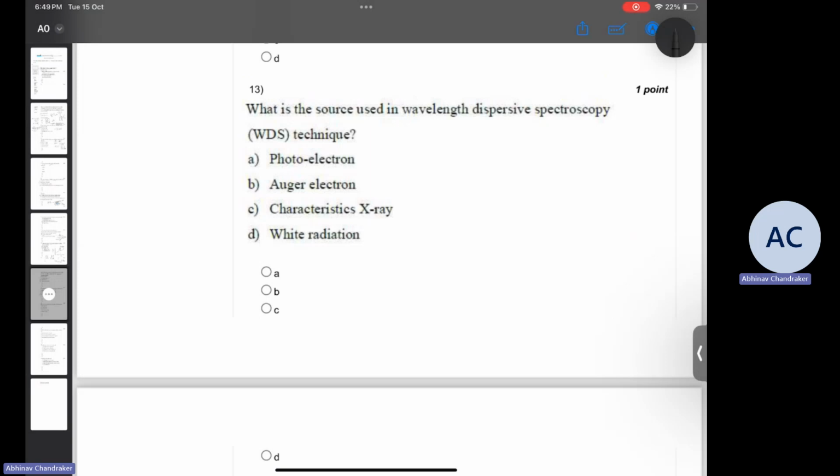Question 13. What is the source used in WDS, wavelength dispersive spectroscopy?